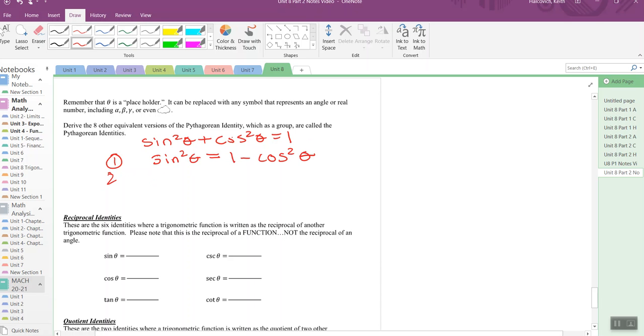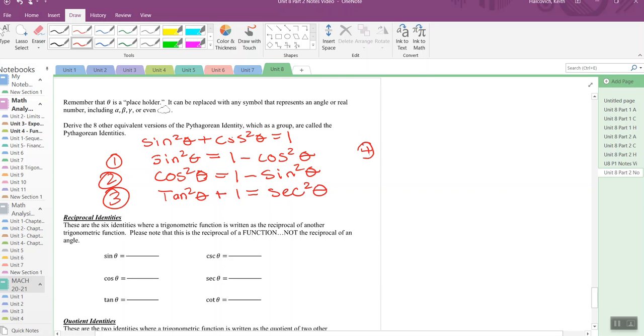And then you could do the same thing with sine squared, so you get cosine squared equals 1 minus sine squared. You could also divide by cosine squared. So if you divide, you get tangent squared plus 1 equals secant squared. That's if you divide by cosine squared.